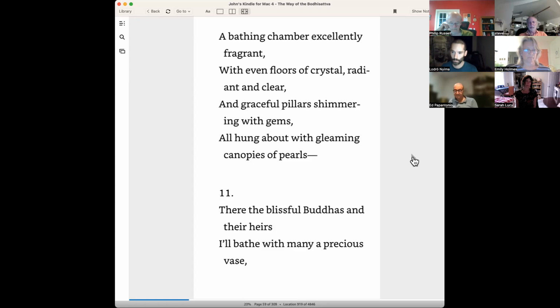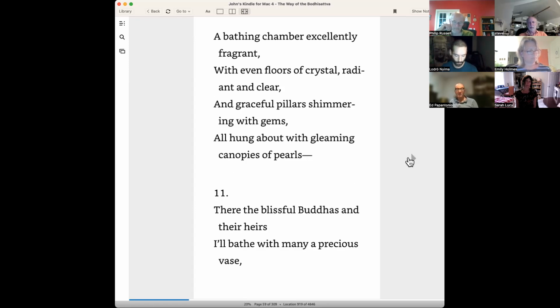Verses 10 to 13, which is the next set of offerings, is really the offering of a ceremonial bath. And from what I've read, this is a traditional Indian offering, so it comes out of Indian culture. But we can think of it in terms of purifying all of the things that obscure our Buddha nature, our awakened mind, all the habitual clinging and fixations that we get stuck in.